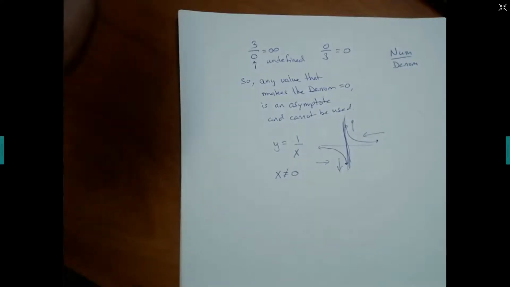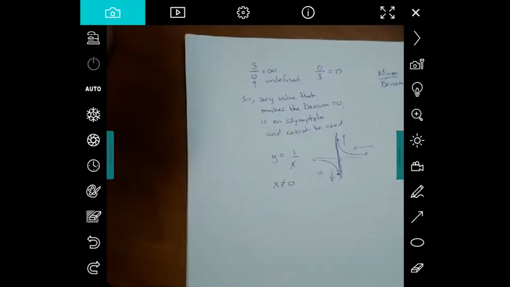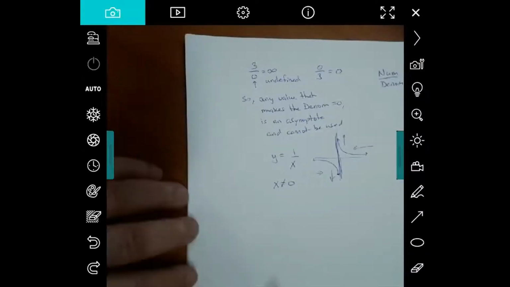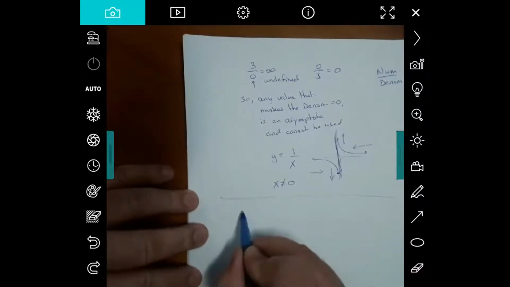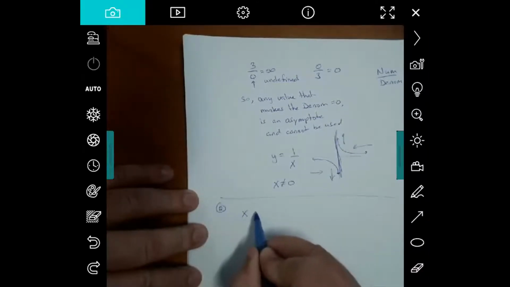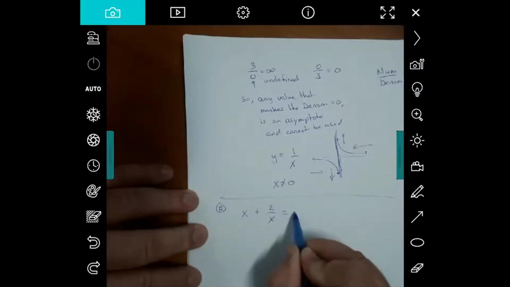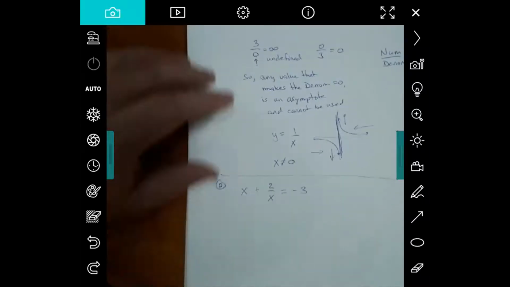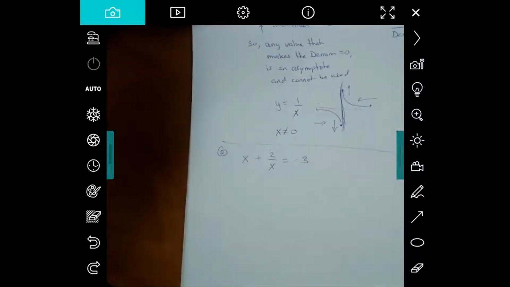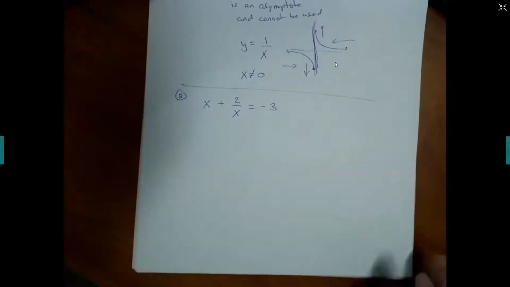Okay. Any questions so far? Let's look at some more examples. This is number 2. x plus 2 over x equals -3. Let's solve that one.